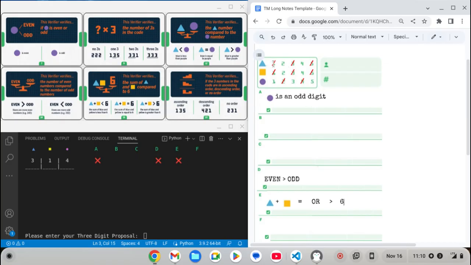So if it's ascending, yes, triangle should be smaller than circle. Similarly, if you say, oh, well, let me assume that the 3-digit code is descending, well, then again, you would be able to deduce that triangle should be greater than circle, thus making this card irrelevant.